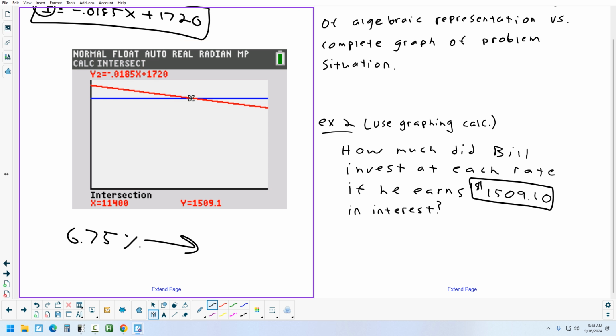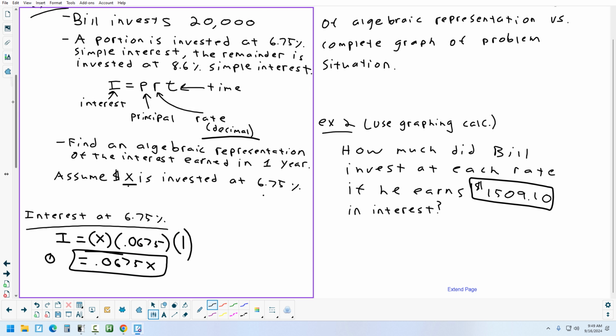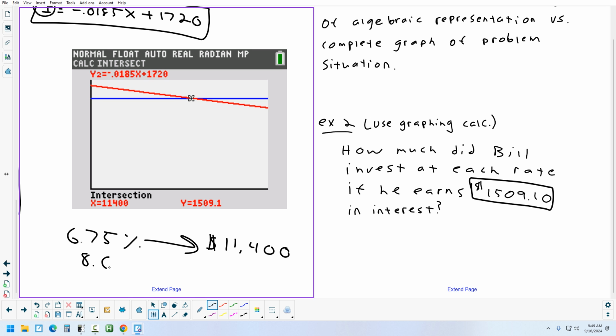So that's 11,400. And now the other investment, I think that was 8.6. Yeah, 8.6. How would I figure out how much was invested at 8.6?